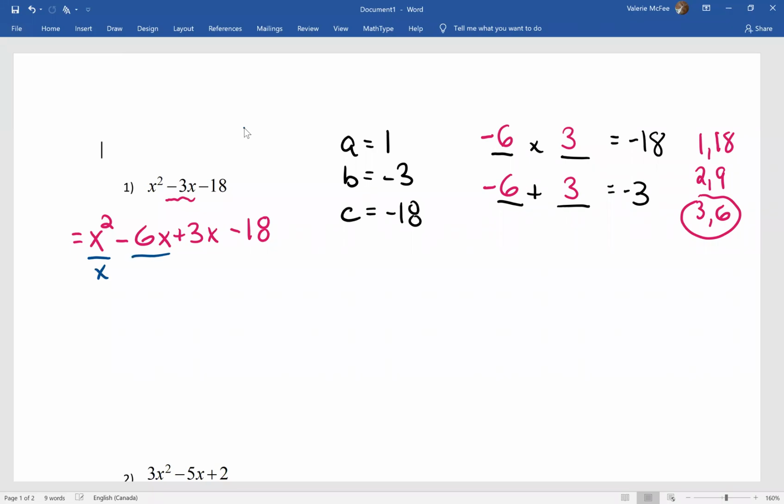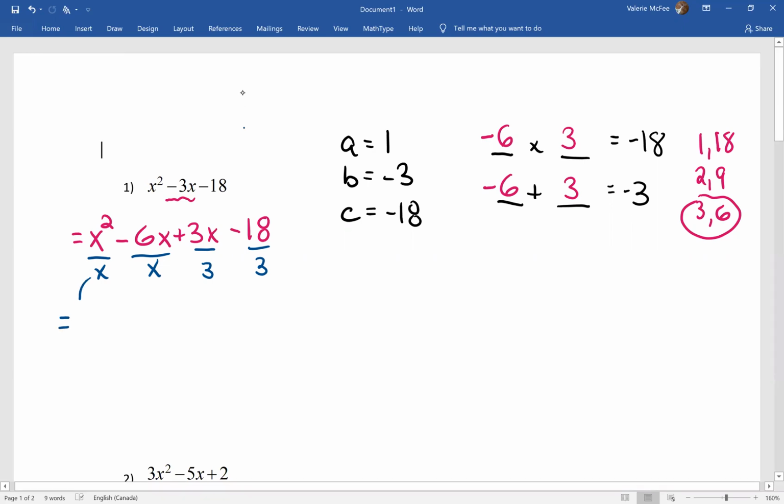X is common in the first two terms. 3 is common in the last two terms. Keep that x. And then divide. X squared divided by x. -6x divided by x.